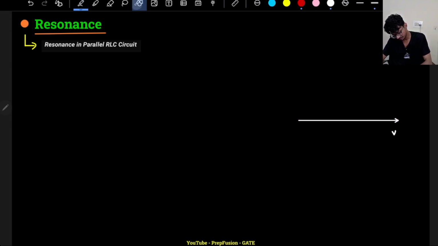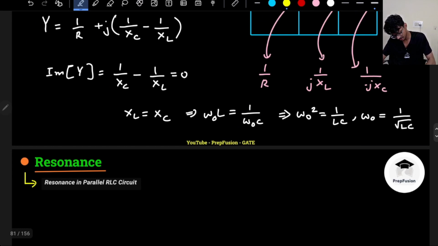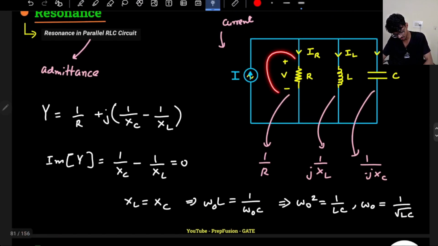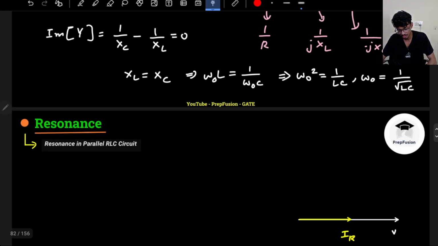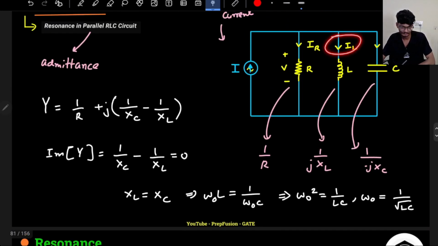What about the current IR? Current IR is in the same phase as the voltage V because it is just parallel, right? Because voltage is the same across everything. So the current across the resistor and the voltage across the resistor have the same phase. They don't have any phase difference. What about the current IL?